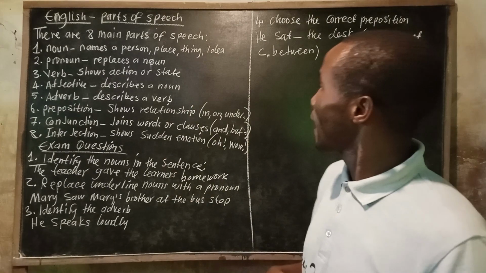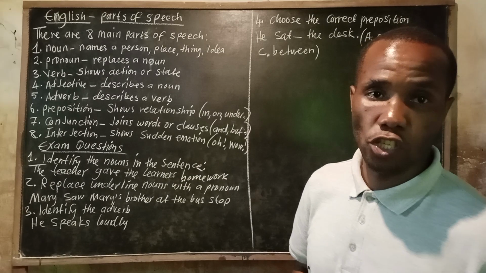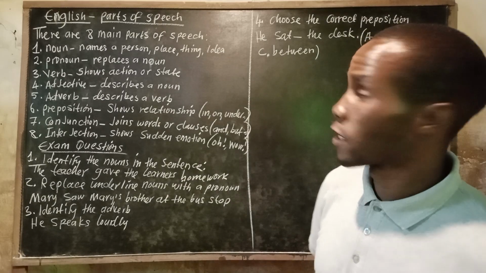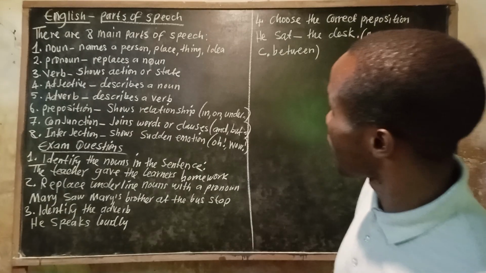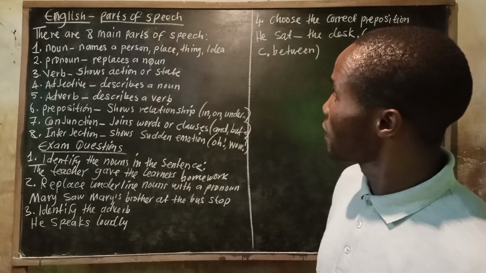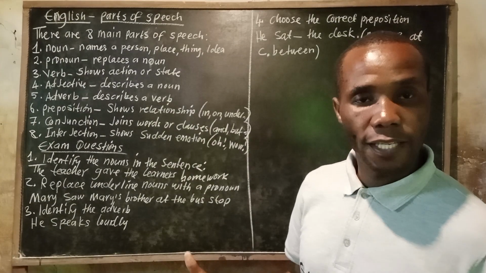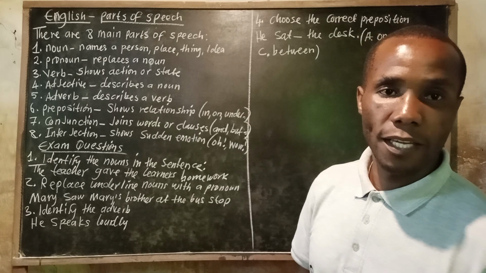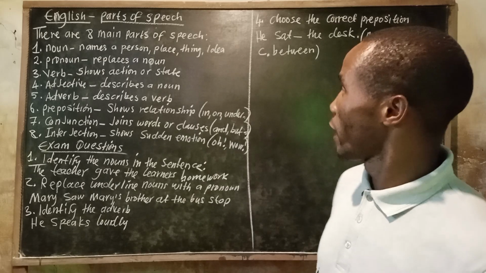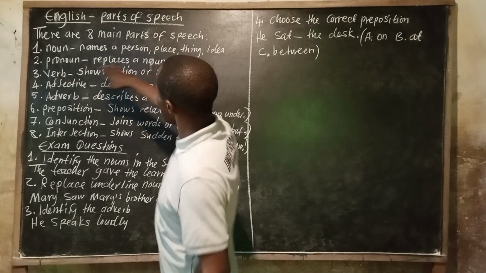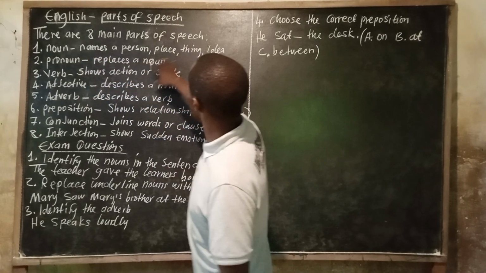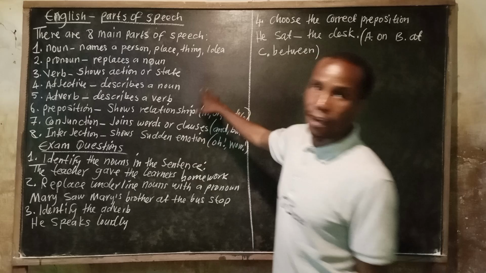There are 8 main parts of speech that you must understand as a learner. One of them is the noun. What is a noun? A noun is a naming word. That's why I have indicated: names a person, place, thing, idea.